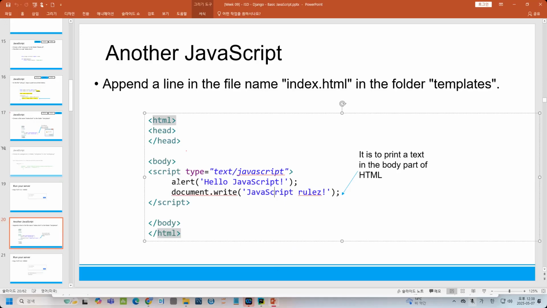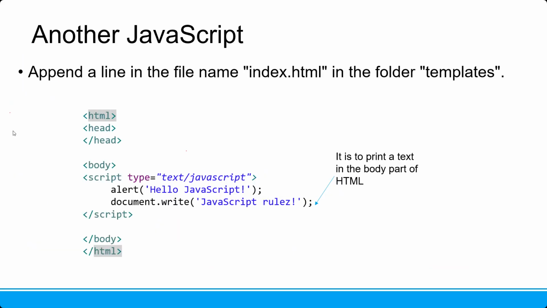So you can see the difference between the two. Alert means you can see the pop-up, and document.write, this is what we call as the DOM, document object model.